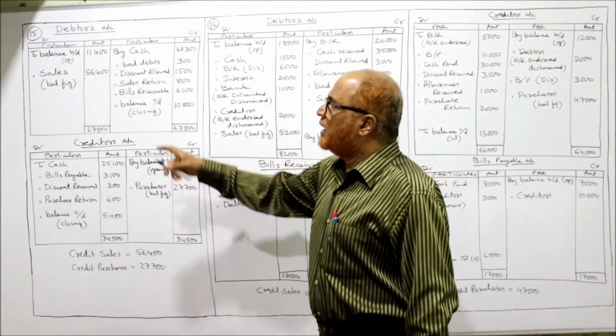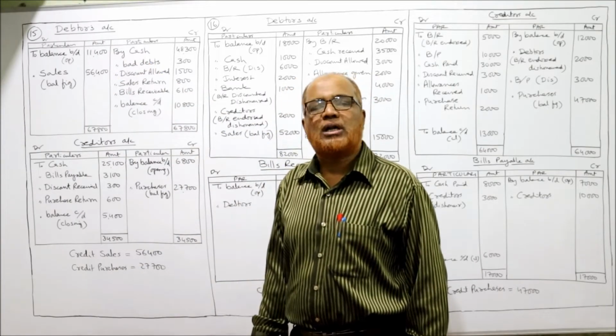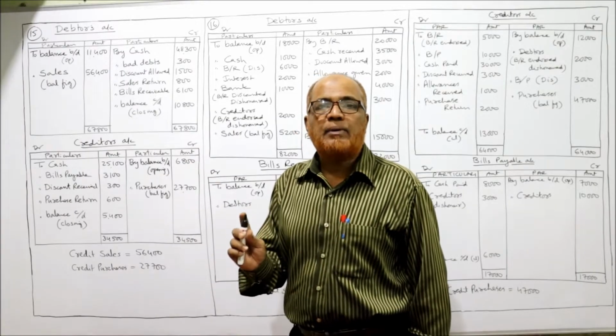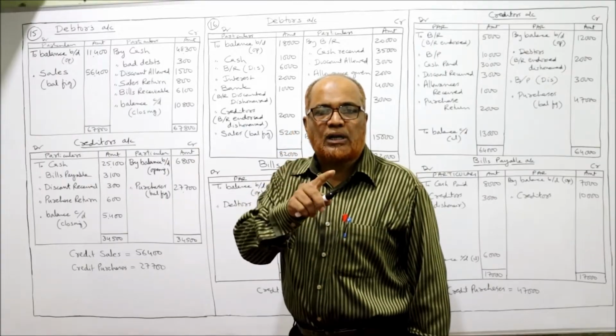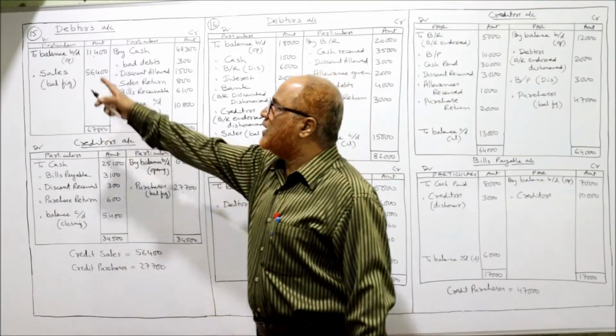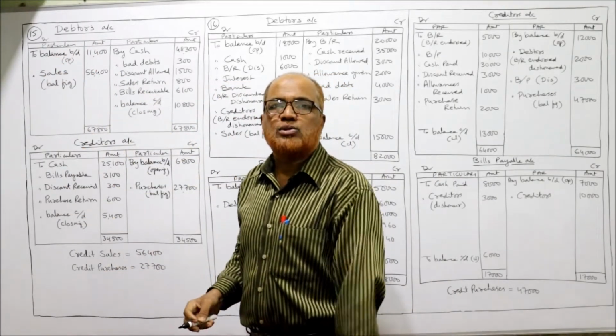First of all, debtors is an asset. All assets will show a debit balance. Creditor is a liability. All liabilities will show a credit balance. Debtors will show a debit balance. Creditors will show a credit balance. So here debtors, to balance brought down. What is the opening balance? 11,400.